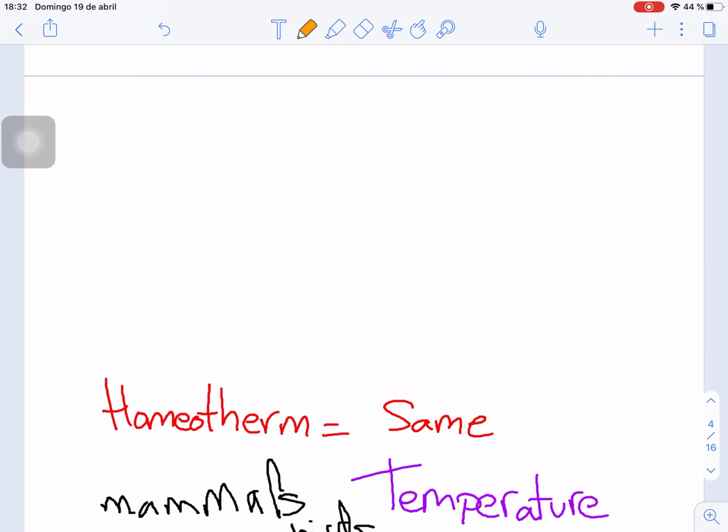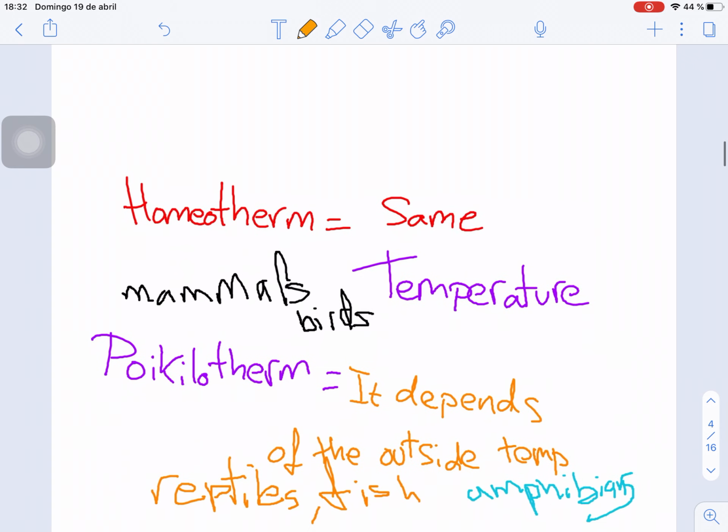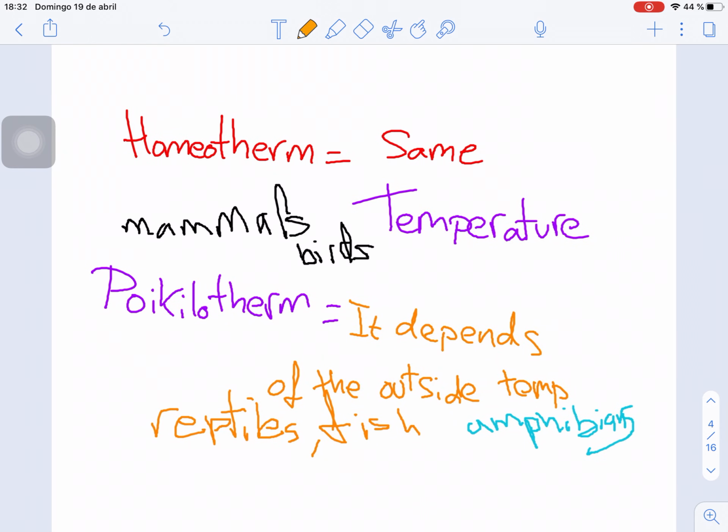Another thing that is necessary to clarify is the adaptation to the temperature. Remember? Well, the vertebrates have two different adaptations. One kind of vertebrates are homeotherm, where homeo means same and therm means temperature.